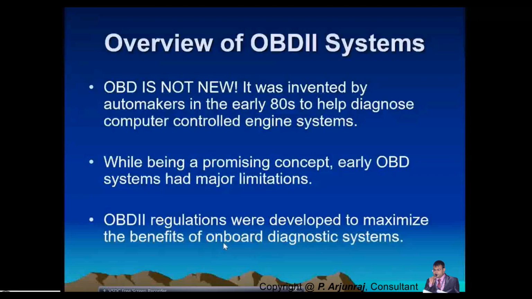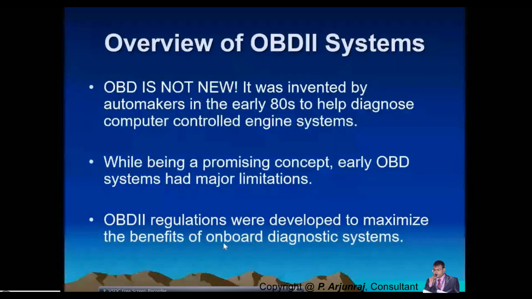OBD 2 will help to ensure that the emissions of carbon monoxide, hydrocarbon, NOx and particulate matter have been met. Even the smoke limit and fuel consumption have been met, considering the norms and specifications prescribed by the authority.